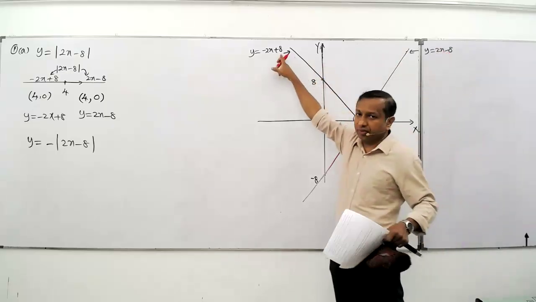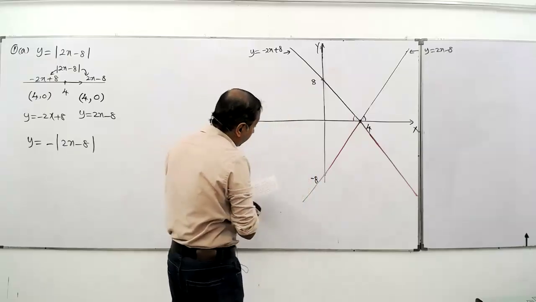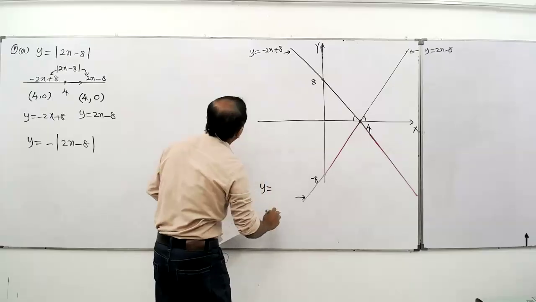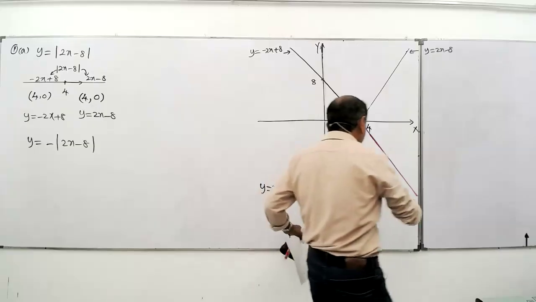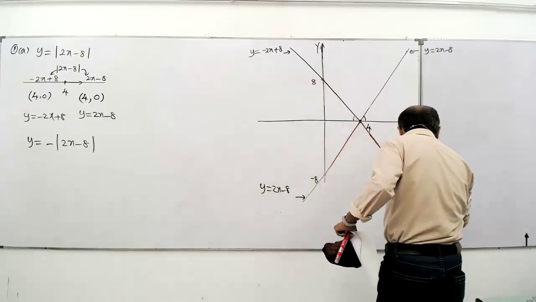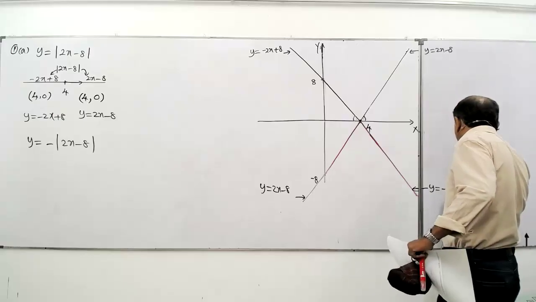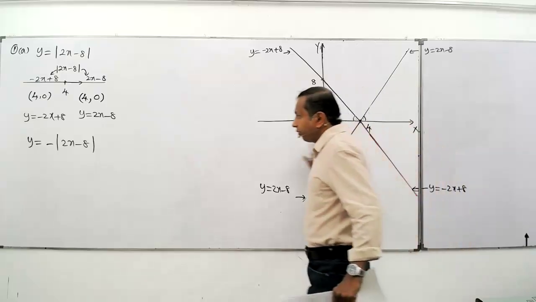Then the equation of this branch is going to be got by multiplying this by minus. So that means the same thing. So these are the equations, right? So this will be y equals 2x minus 8. This one, y equals minus 2x plus 8. Okay. This red one is this graph.